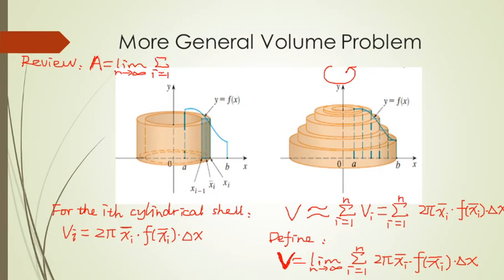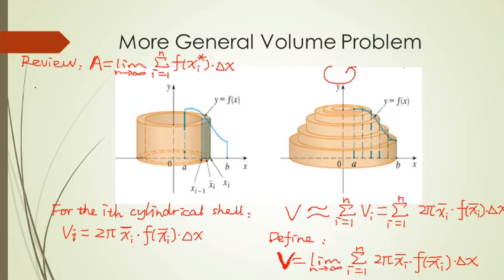We're talking about the area under one function curve, so it's f of xi bar or f of xi star, it doesn't matter. Here we specially choose the sample point as the middle point. This is one choice of the sample point.